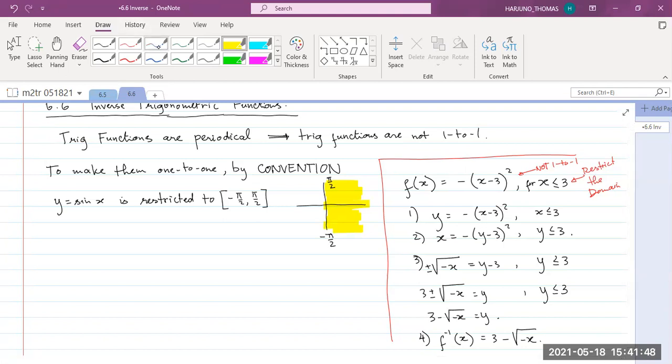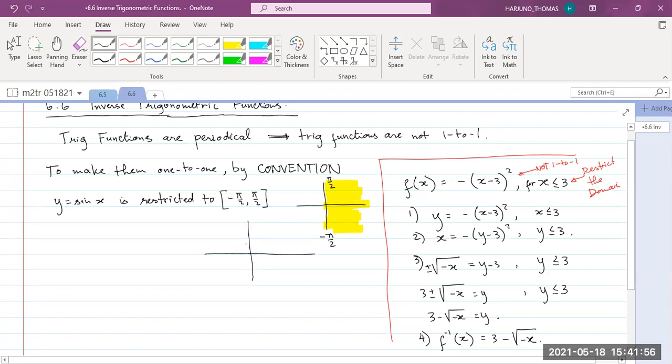If we take a look at the graph of y equals sine x, the graph of sine x looks like this, right? And here you copy paste like that. Now the domain is restricted from negative pi over 2 to pi over 2. This is the window.